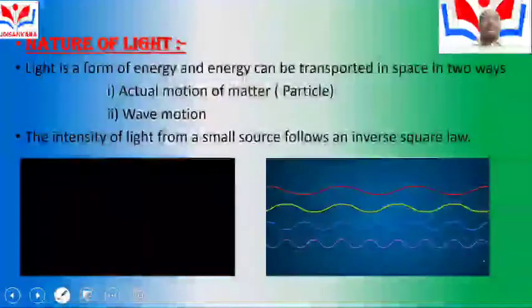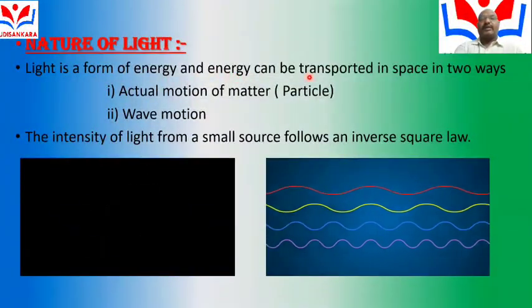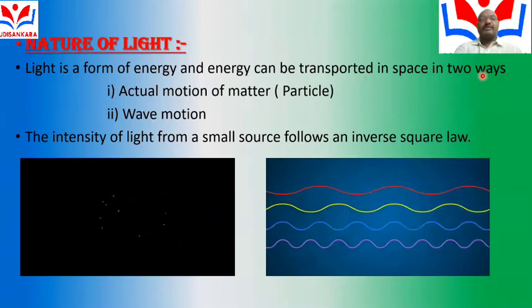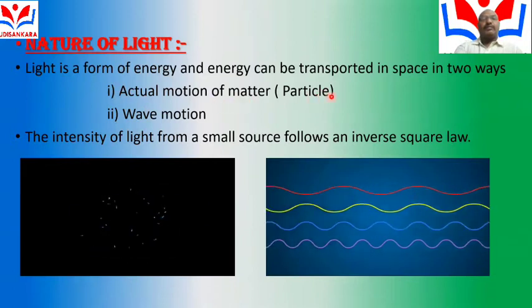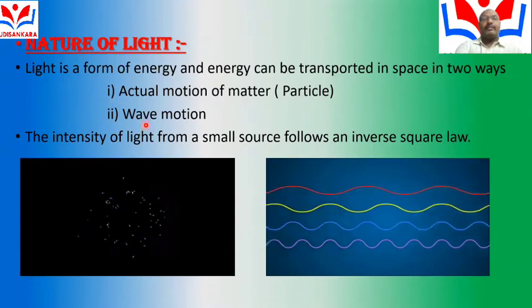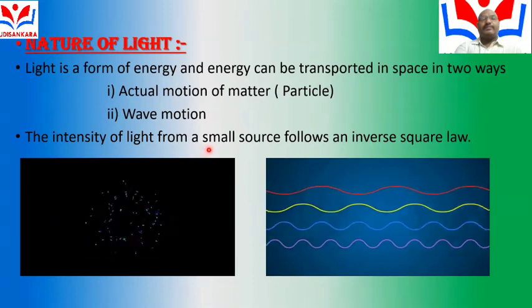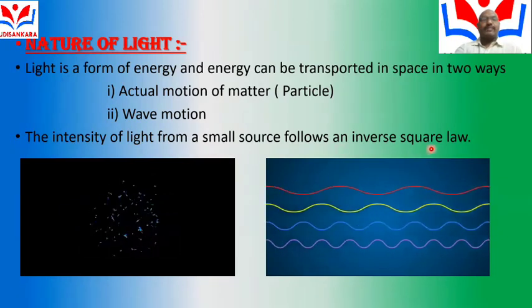Nature of light. Light is a form of energy, and energy can be transported in space in two ways: by the actual motion of particles of matter, or by wave motion. The intensity of light from a small source follows an inverse square law.